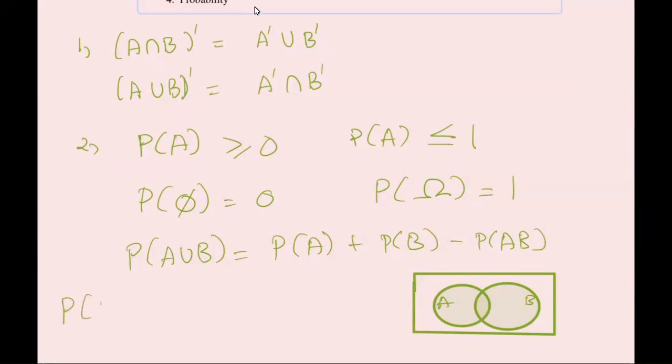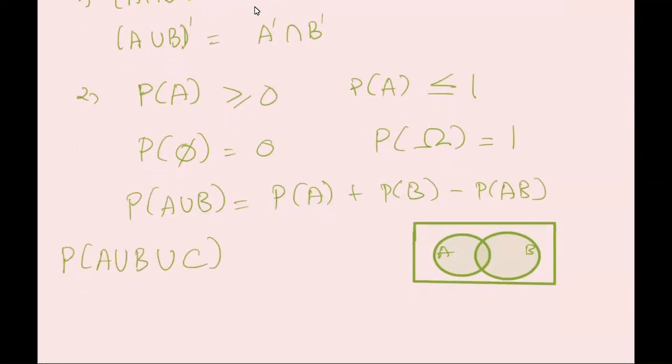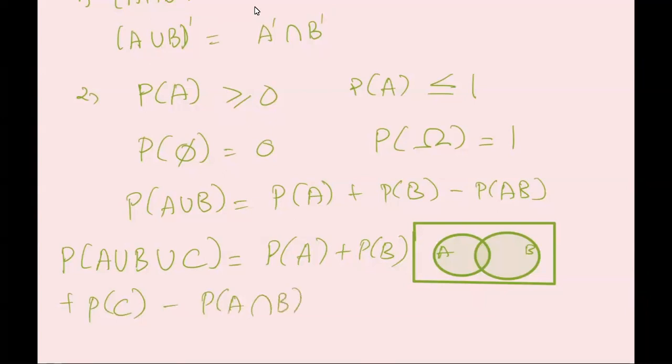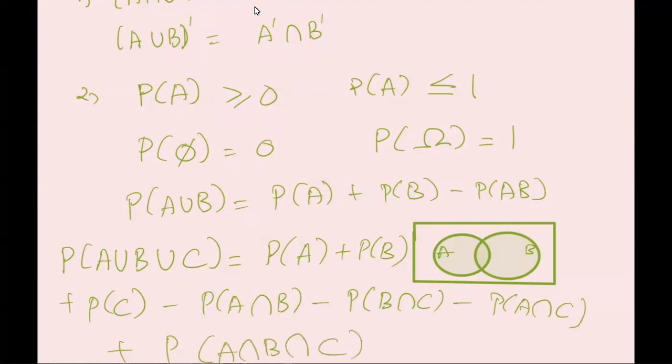The next one is probability of A union B union C. You would have probability of A plus probability of B plus probability of C, minus the probability of every intersection of two sets, and then plus probability of the intersection of 3 sets.